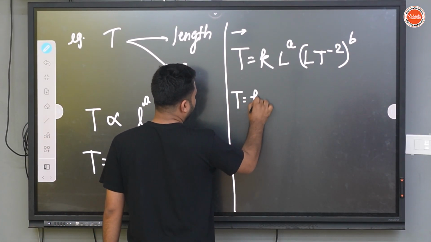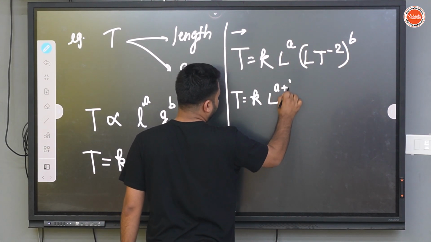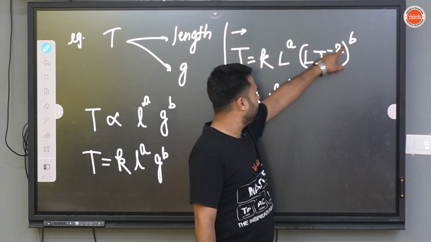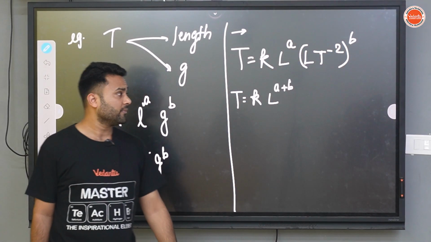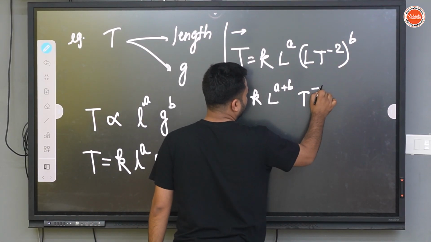T equals K, L to the power A, L to the power B. So the L powers will be added: here L to the power A, here L to the power B, so A plus B. Time, T to the power minus 2B.